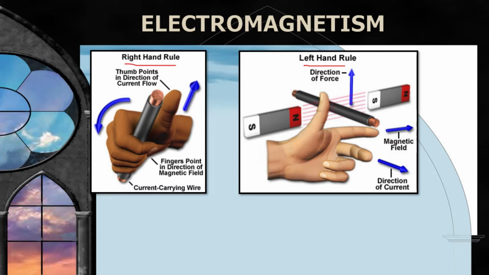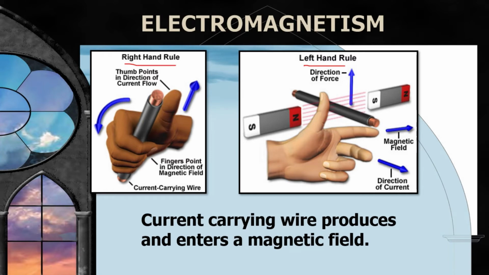Your thumb is pointing the direction of the force, your point finger is the one pointing the magnetic field, and your middle finger is the one pointing where the current will go through. So we have here going up, down, inside, outside, left, and right.